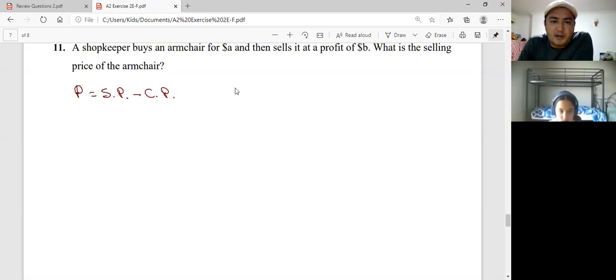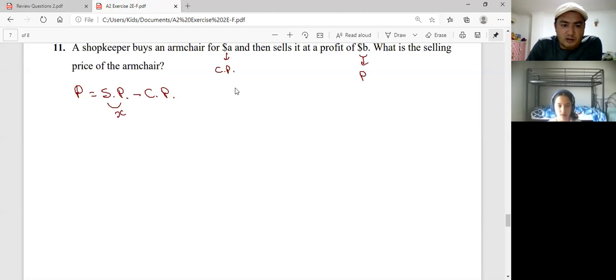Here, a shopkeeper buys an armchair for $B. This is the cost price for him. And then he sells it at a profit of $A. What is the selling price of the armchair? We are looking for SP. Let's say SP is X. So here, profit A dollars equals selling price minus what we paid for the armchair, which is $B.